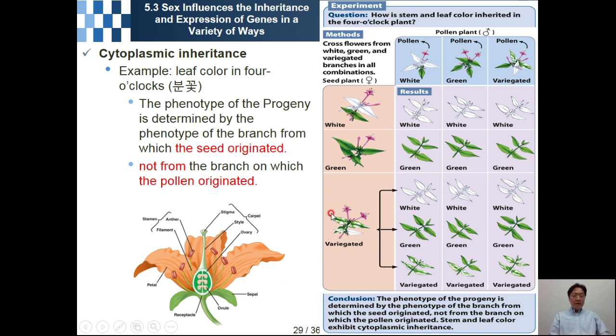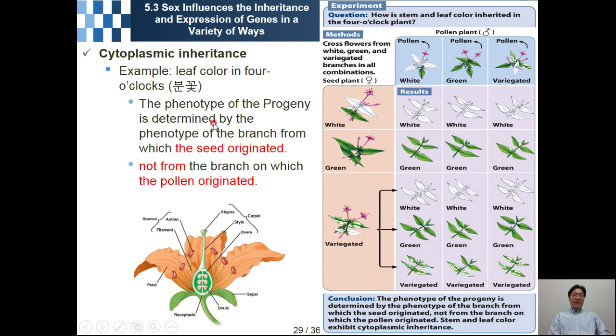So in these cases, they cross with the male plant which has the white color, and also with the green color, and also with the variegated. But in each case, some of them showed white, some showed green, and some showed the variegated, mixed color like this.